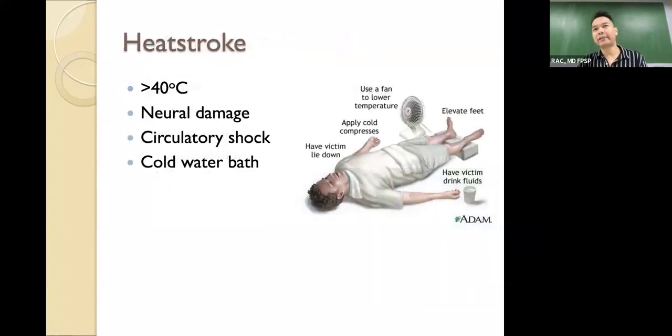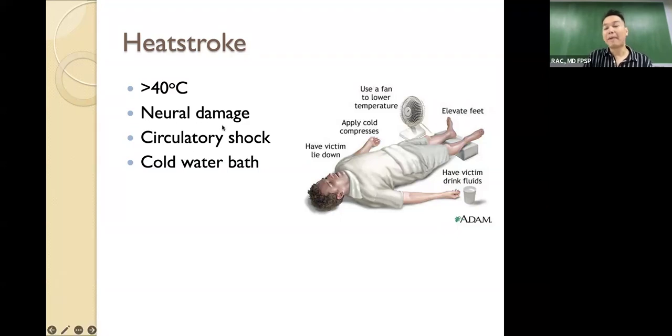Another heat-related condition is heat stroke. So if you're exposed to warm environments for prolonged periods of time and you're not used to it, then heat stroke might set in. Now, heat stroke is a potentially fatal condition, so it is important that we recognize heat stroke immediately. Whenever heat stroke happens, neurons are most sensitive.